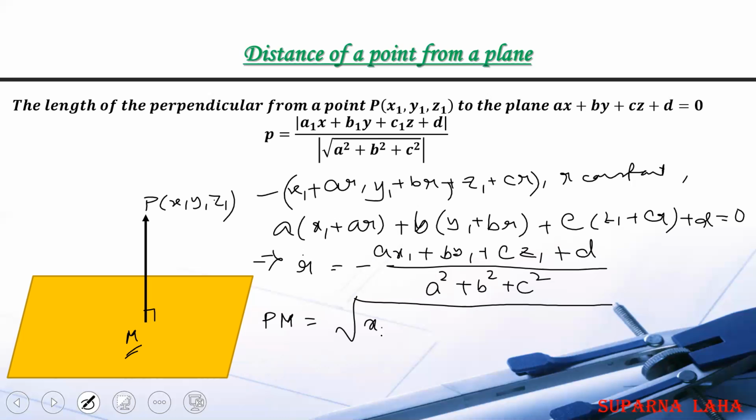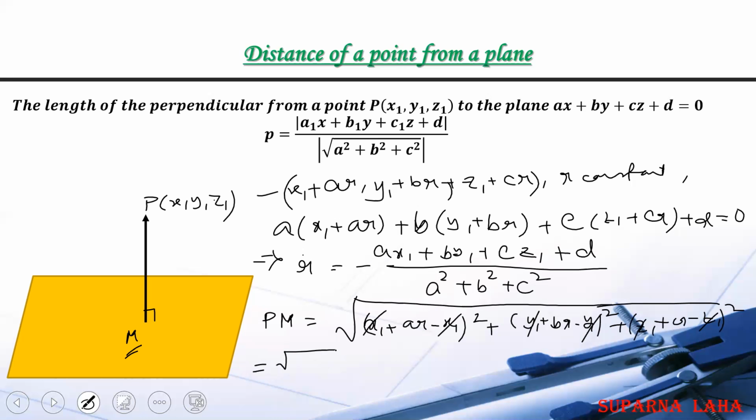PM equals the root of (x1 plus ar minus x1) the whole square plus (y1 plus br minus y1) the whole square plus (z1 plus cr minus z1) the whole square. And if we simplify it, we can easily see that x1 cancels, y1 cancels, z1 cancels. So this equals root of a square plus b square plus c square into mod r.